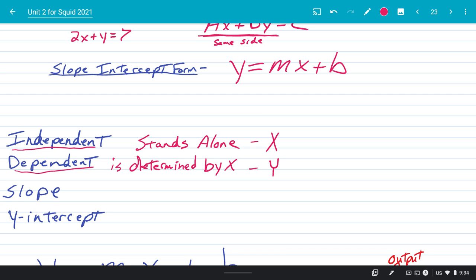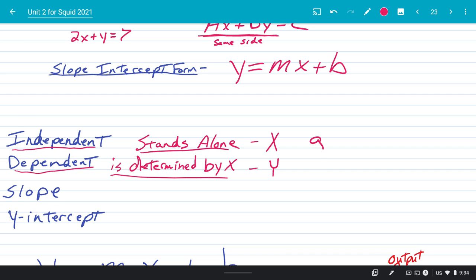What we want you to grasp is determining which thing in the situation can stand alone, which is the one that we need to know before we can find out the other one. That's what independent and dependent is about. Independent can stand alone. The dependent variable is determined by the independent. Now, we use x and y, but in any section, you could use any variable you want.